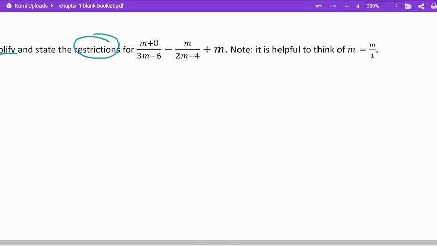Before we start, I want you to talk with your group partners about the approach here. How are we going to approach this question? Go. Don't just say common denominator. Come on, give me more information. All right, talk.